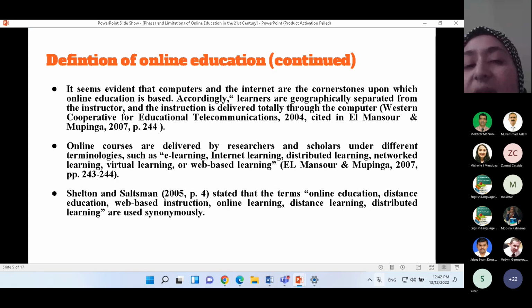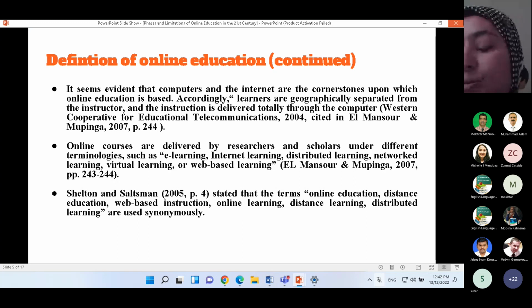In the same vein, Shelton and Saltzman (2005) stated that the terms online education, distance education, web-based instruction, online learning, distance learning, distributed learning, and to some extent e-learning are used synonymously.